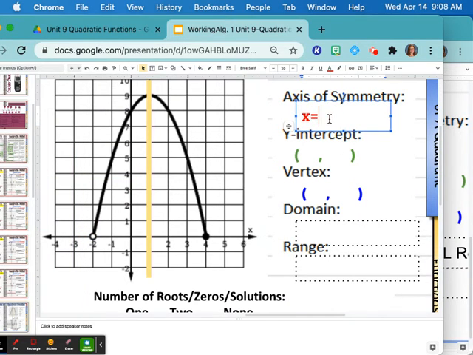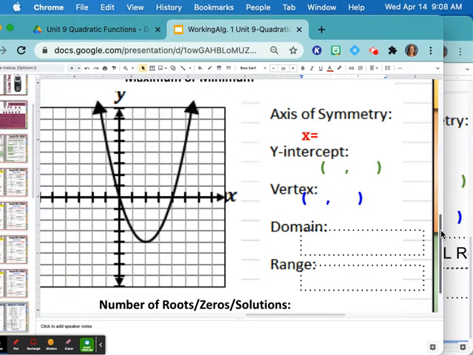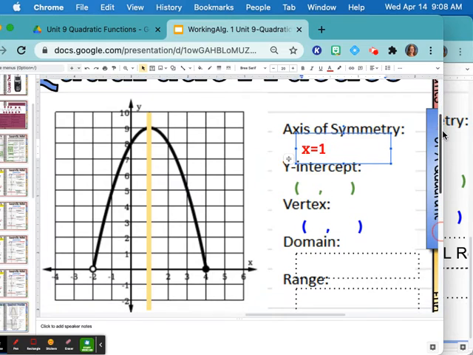So that's at x equals +1. Our y-intercept is where it crosses the y-axis. So that'd be at, I'm not going left or right, I just go straight up to 8. So (0, 8). Our vertex is where it changes direction. So that's at (1, 9).